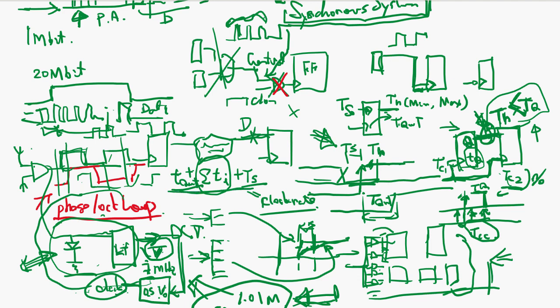And the critical path is TQ plus the sum of all the gate delays plus the setup time. If this logic is complicated, it's very hard to see which one is the worst case path. And sometimes software can help to identify which path it is.